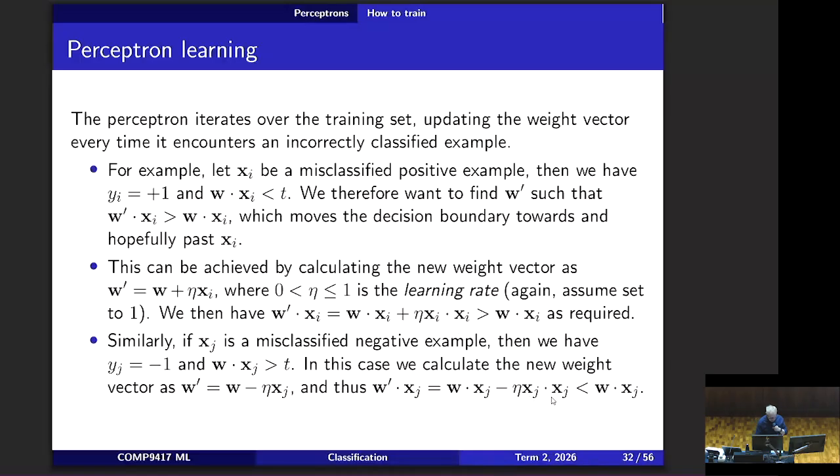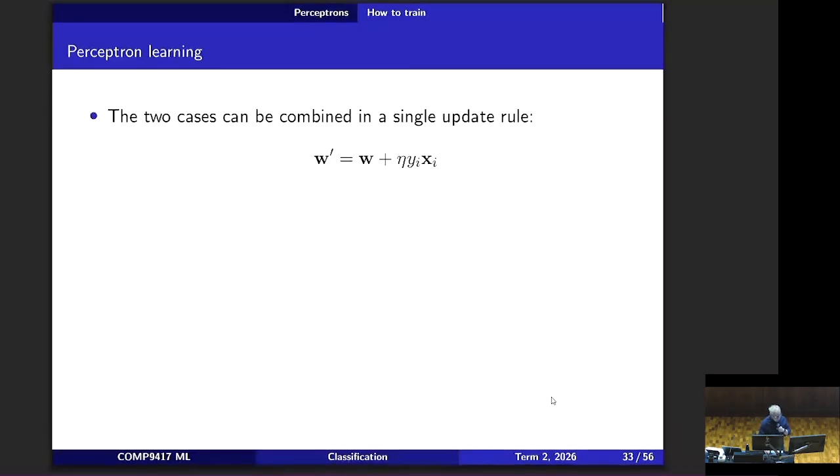So we can combine these into a single expression, which gives us this update rule. Okay, and now we're using the fact that the labels are +1 or -1, so we're just using them to have the correct sign. So the update rule becomes very simple.